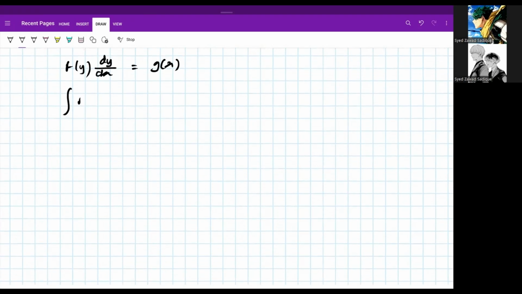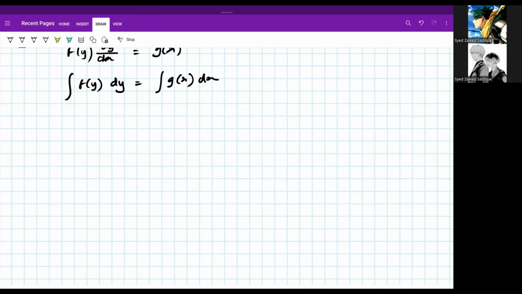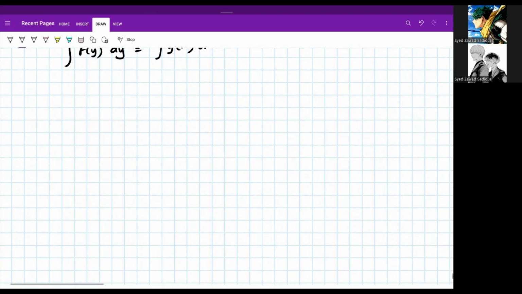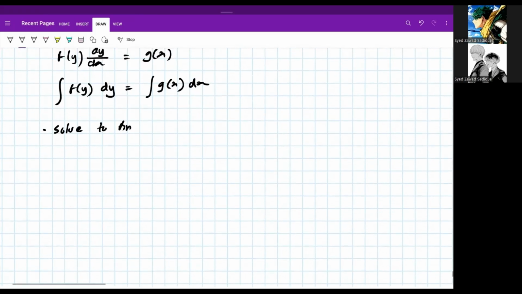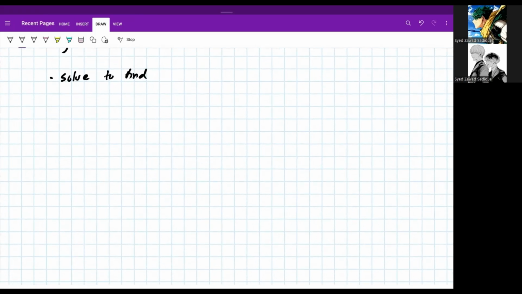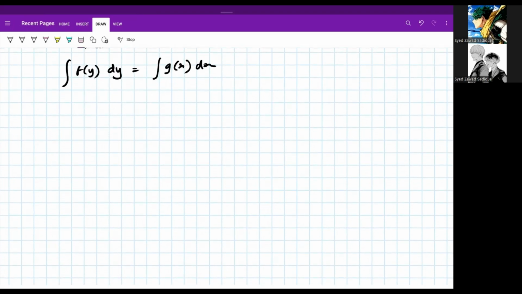So integration of f(y) dy is equal to integration of g(x) dx. Therefore, y is equals to x plus c.